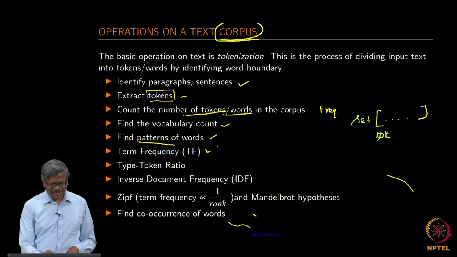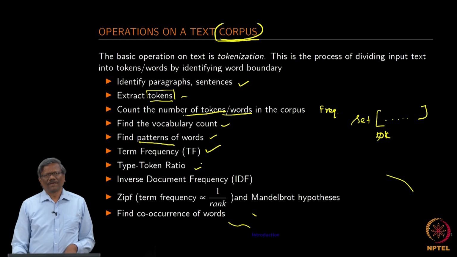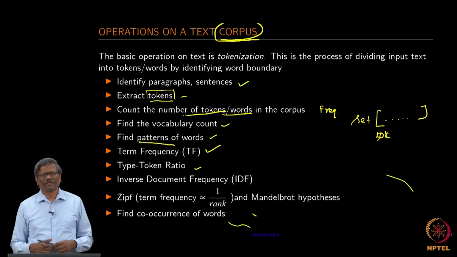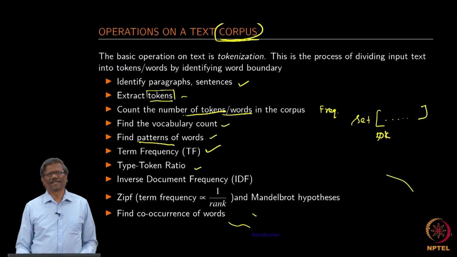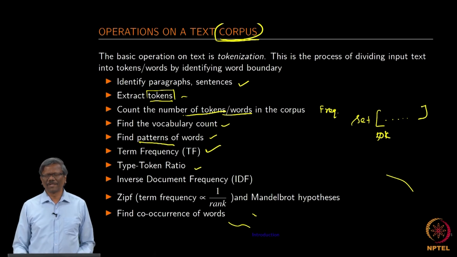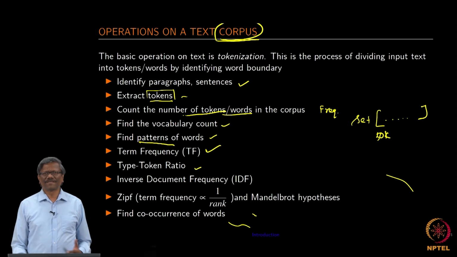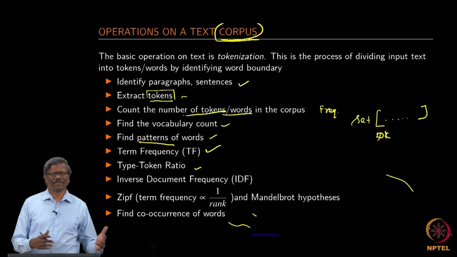So, as I mentioned, we look at the term frequency, and then we also look at, based on the vocabulary and the total number of words in the document, what the type token ratio could be. Is it going to be the same for all corpora, or is it going to be very different?